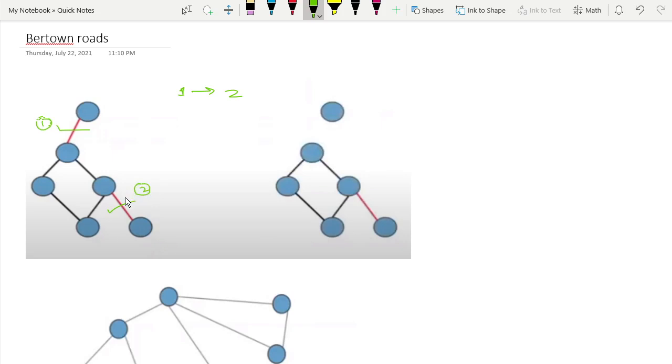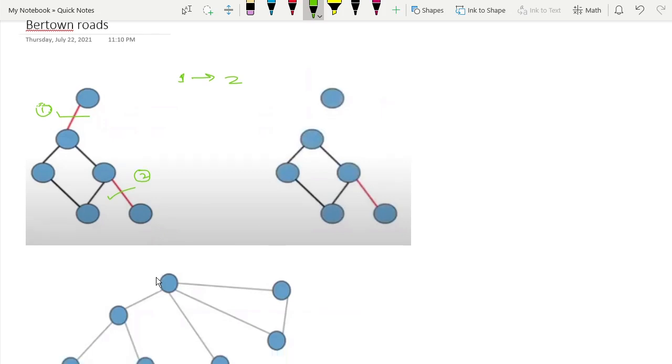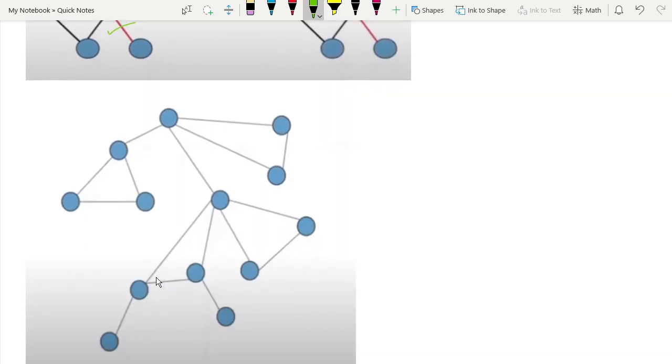So how are we going to find these bridges? For that we have to first learn what the DFS tree is. So let's discuss the DFS tree.